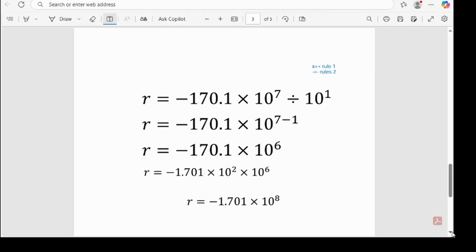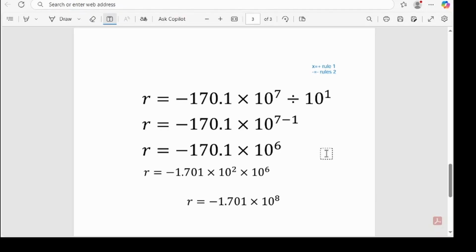So let's apply it. Now we have R equals negative 170.1 multiplying 10 exponent 7 divided by 10 exponent 1. Here we have division, so whenever you have division, there is subtraction that follows in order to simplify the equation.